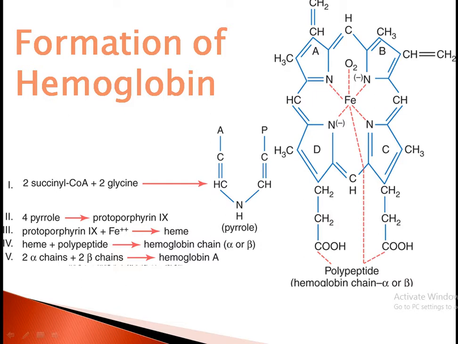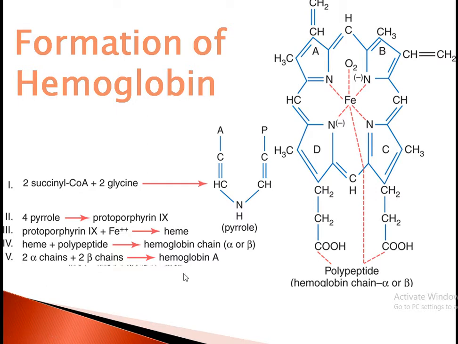It combines with the globulin molecule present in the plasma, which is simply the plasma protein, to form the hemoglobin chain. And what is a hemoglobin chain? That is actually 2 alpha and 2 beta chains, which form the adult hemoglobin.